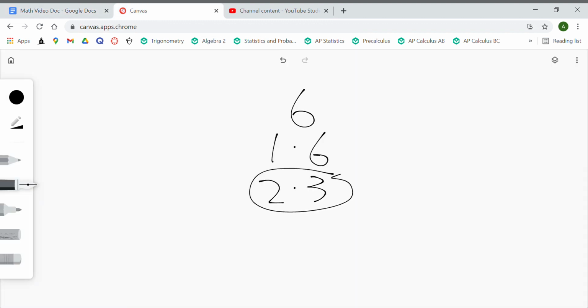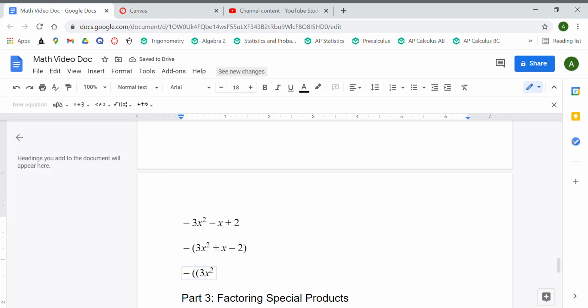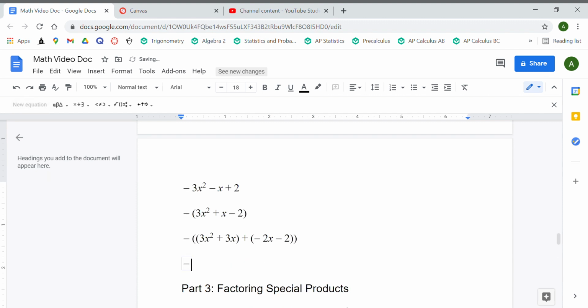Yes, those ones. 3x squared plus 3x, plus negative 2x minus 2. Now we take the greatest common factor out from each. So it's 3x(x plus 1) minus 2(x plus 1).